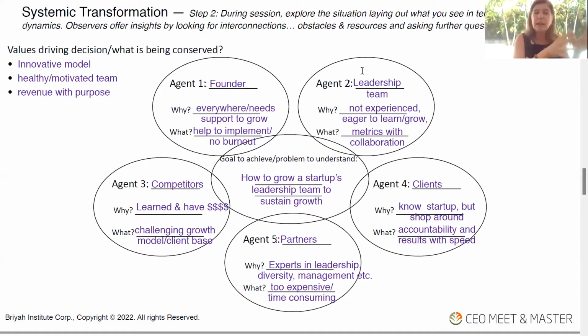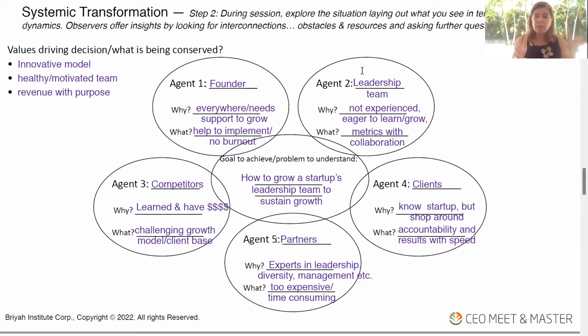The person that I choose to give me insights on obstacles will be one person in my group. And then I will choose the other to give me insights in terms of resources. While I present, these people will take notes. When it's their time to speak, they will offer the insights and we can have a conversation.